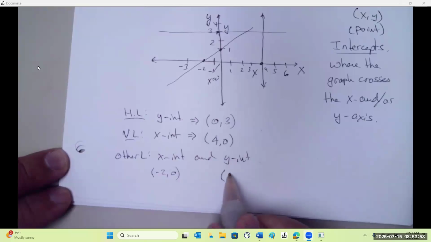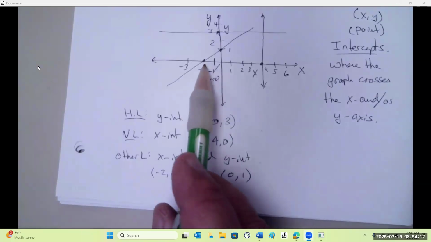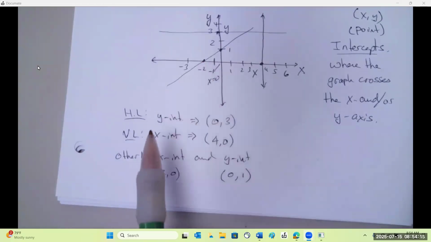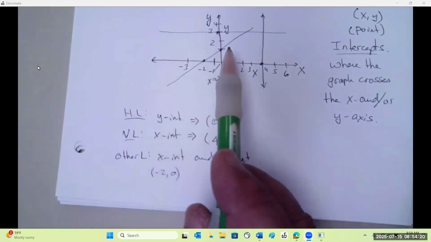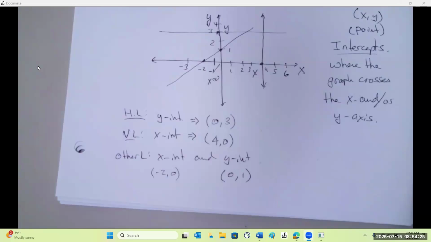And then the y-intercept is, remember, you can't just say -2. -2 is not an intercept. -2 is a number. The x-intercept is -2, 0. That's the location where the graph crosses the x-axis. The y-intercept is at 0, 1. That's where it crosses. So far, so good? Pretty easy so far.